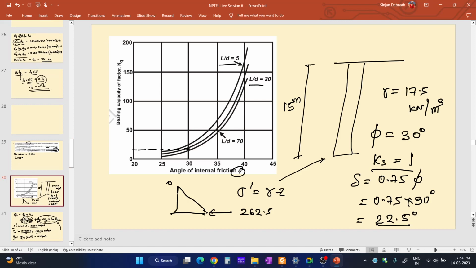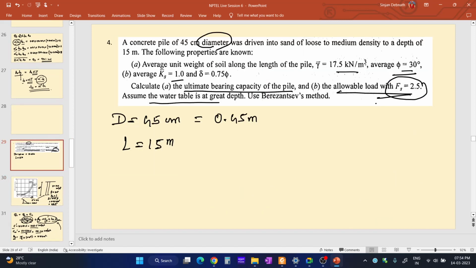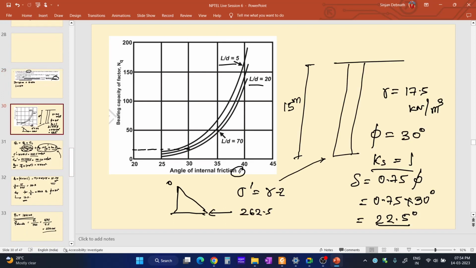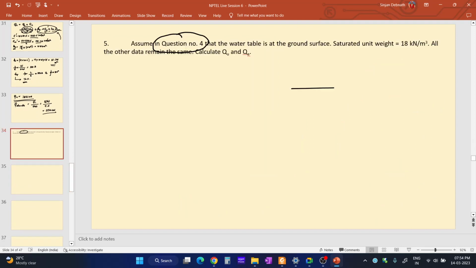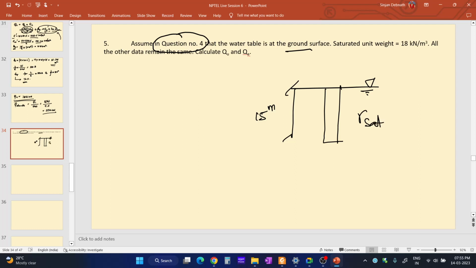Here the water table was at a great depth, and here the water table is at the surface. Let me draw it. So the pile length is 15 meter, and the water table is at the ground surface. So gamma sat, that is the saturated unit weight, is given, it is 18 kilonewton per meter cube. We need to find out QU, that is the ultimate load, and the allowable load.